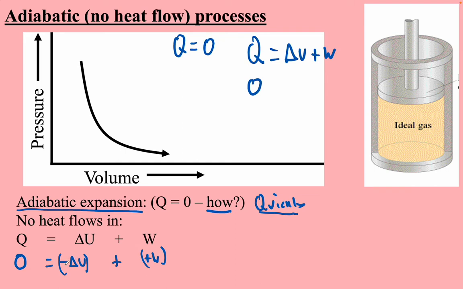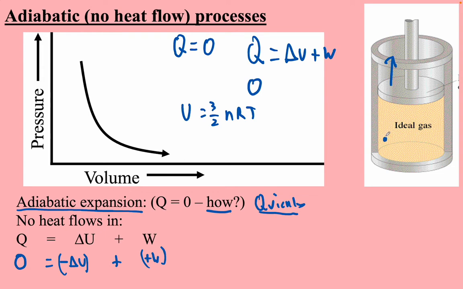Because remember, change in internal energy is intrinsically tied to temperature, okay? So if this goes down, the temperature has to decrease. So the question is, how does a moving piston that's expanding like this, okay, how does that cool the gas down physically?